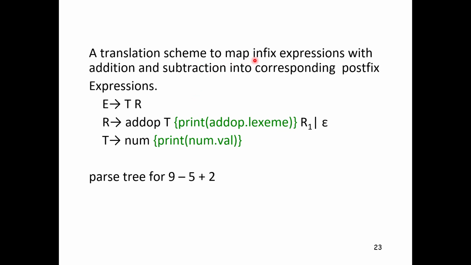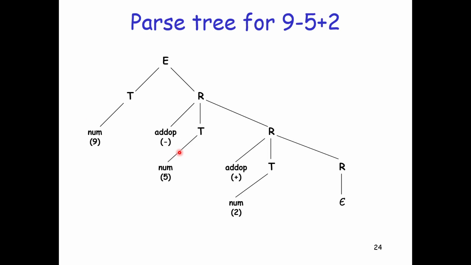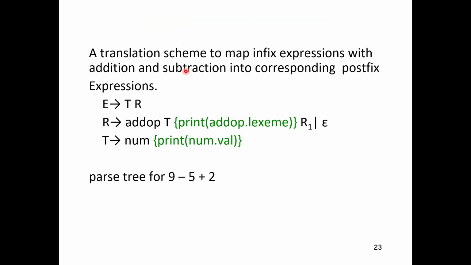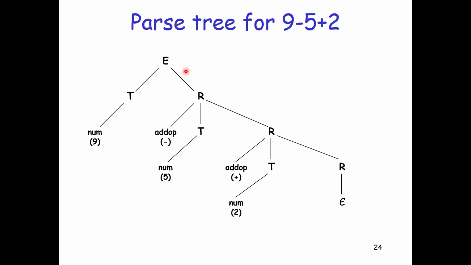The main aim is to map an infix expression to postfix. If you are given an infix expression, how can we compute the corresponding postfix with the help of this grammar? First we draw a parse tree for 9 minus 5 plus 2 using the above grammar: E gives T R, R gives addop T, T gives num. So we have drawn the parse tree for 9 minus 5 plus 2.